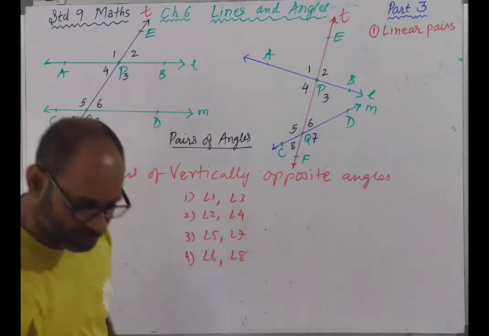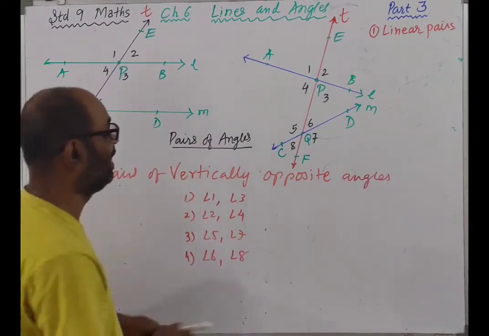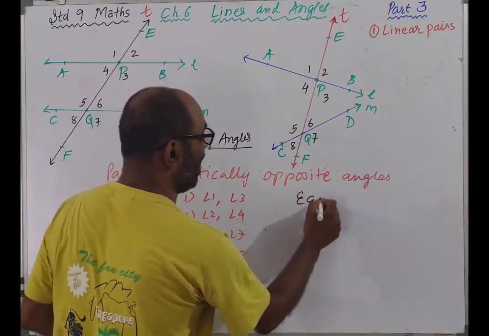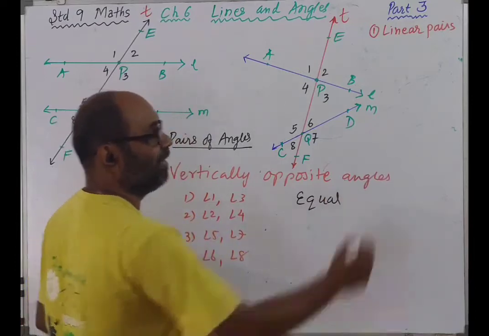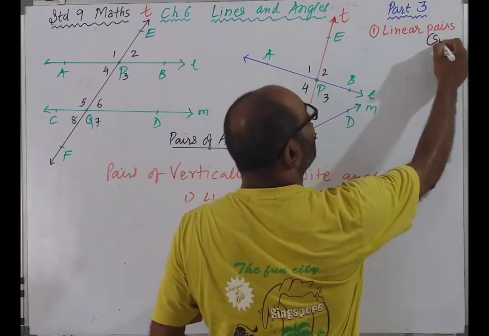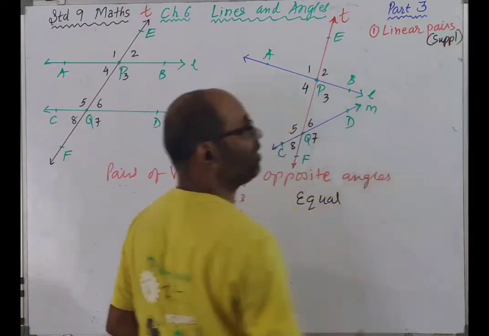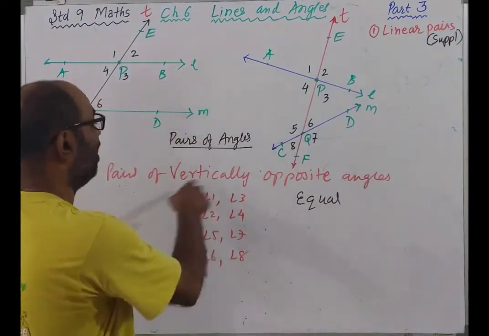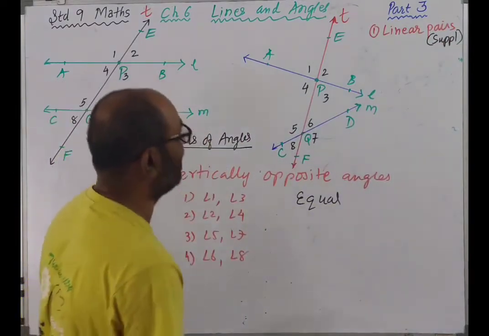And what is known about these vertically opposite angles? They are always equal. We saw that linear pairs are supplementary. But vertically opposite angles are always equal.